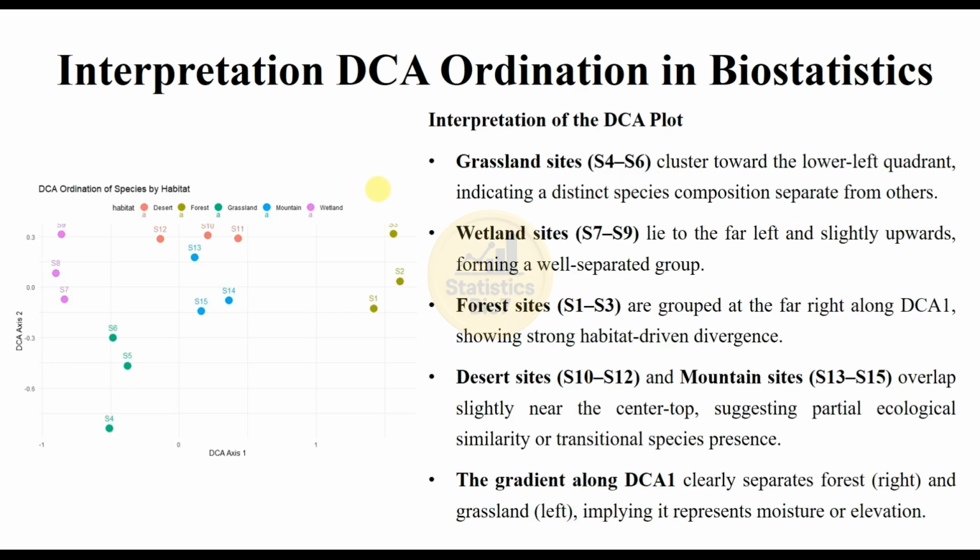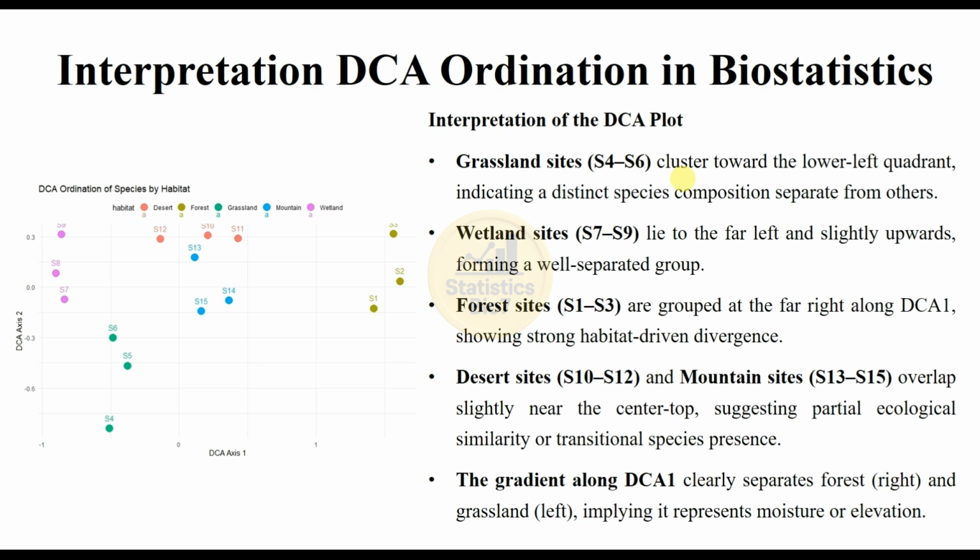Now the interpretation of the DCA plot. The grassland sites S4 to S6 cluster toward the lower left quadrant, indicating a distinct species composition separated from others. The wetland sites S7 to S9 lie to the far left and slightly upwards, forming a well separated group.